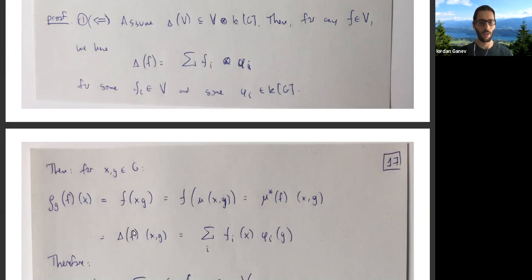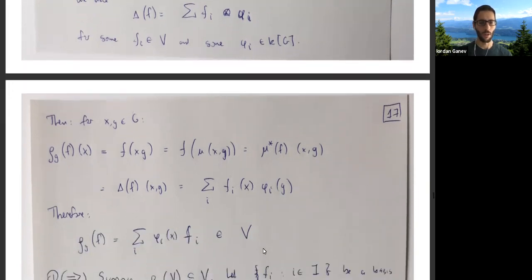So we do the coproduct on F and apply that to x comma g. We have this formula for the coproduct on F, so we can just plug the things in, and so we have this sum. This lives inside of the ground field K. We have evaluated this tensor product and gotten something in the field.